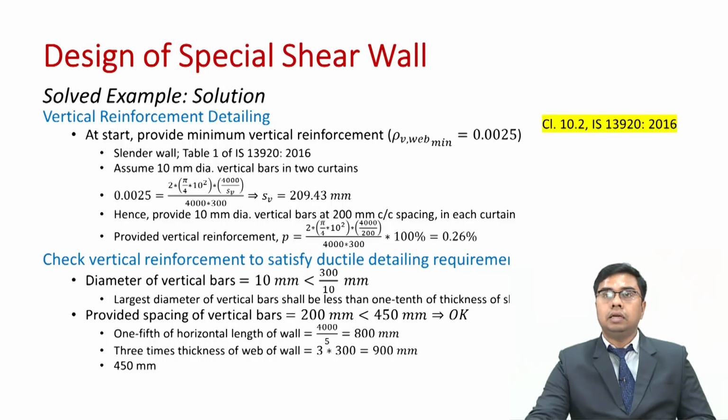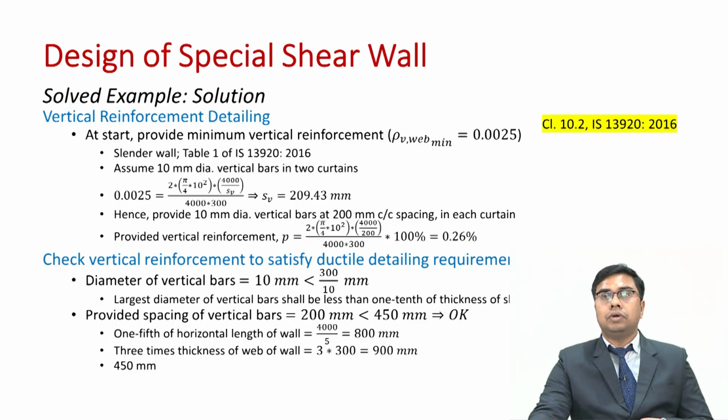So, from there, for the wall web in the vertical direction, we have considered the minimum vertical reinforcement in the wall web to be 0.0025. Now, to recall, this rho is nothing but the area of reinforcement divided by the cross sectional area.